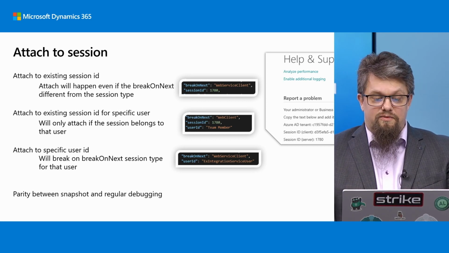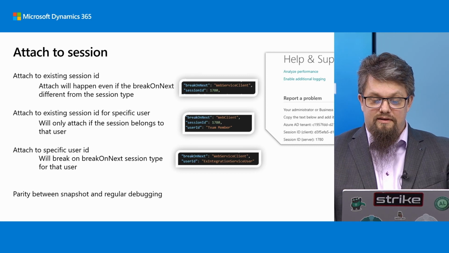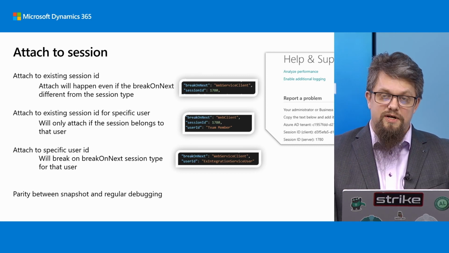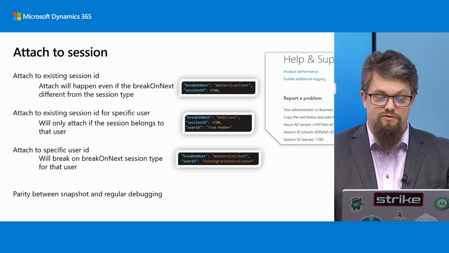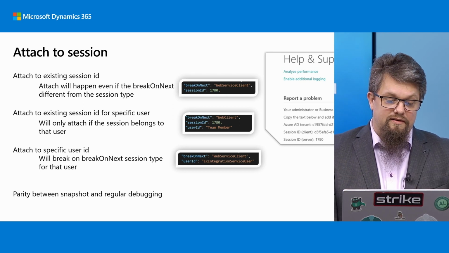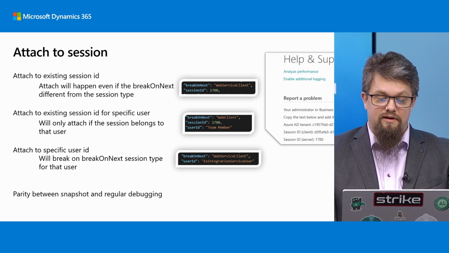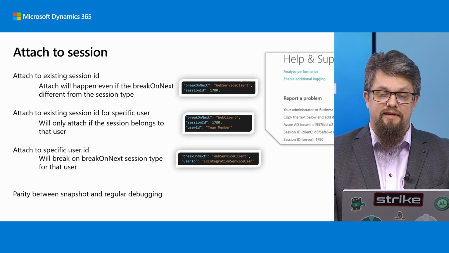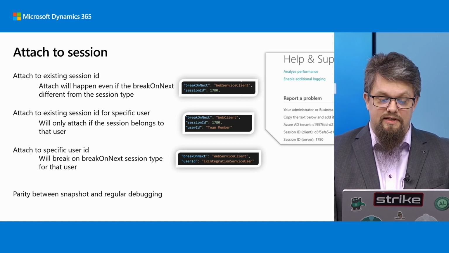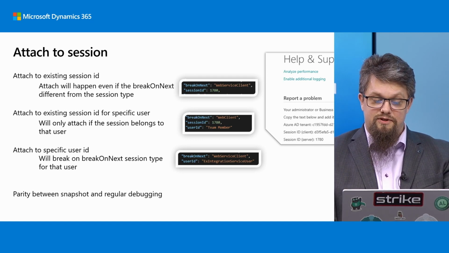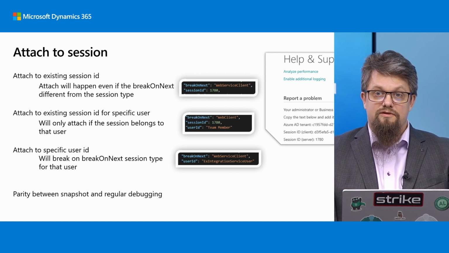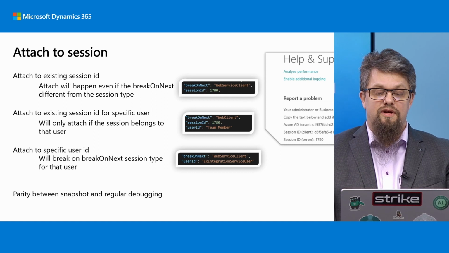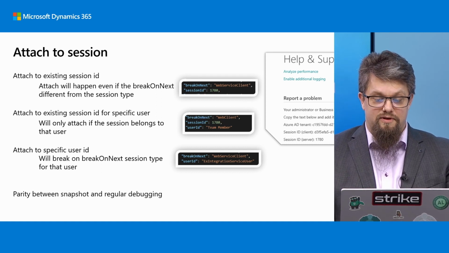For the other scenario, where you specify both the session ID and the user ID, the user must be the same as you specified, otherwise you're not allowed to connect. Finally, in the break on next scenario, you can specify the user ID, and then you can attach to the next session for that user. This gives us parity between snapshot and regular debugging, and enables all the scenarios that we previously have only been able to do with snapshot debugging.